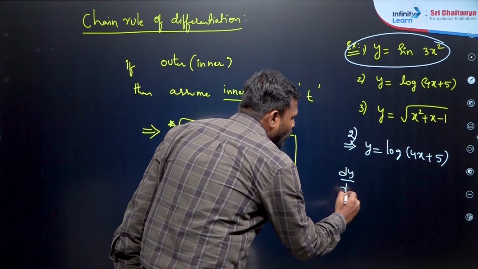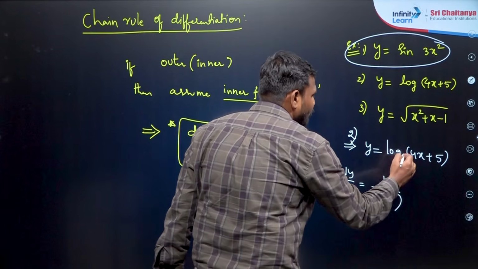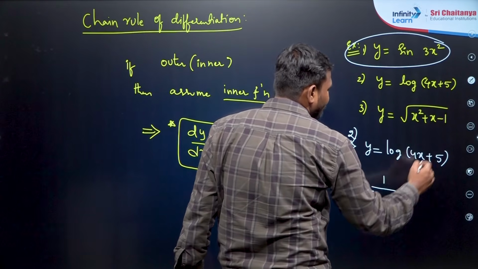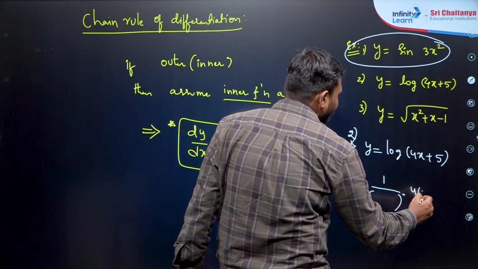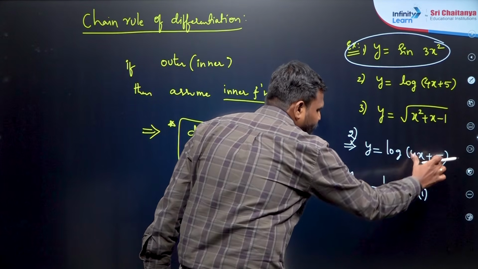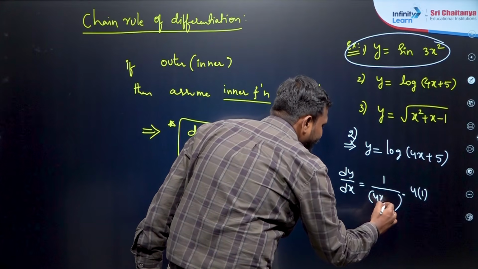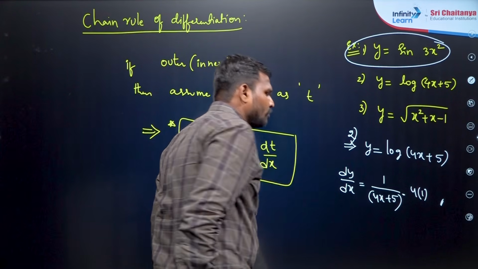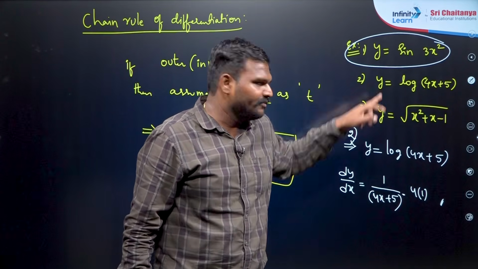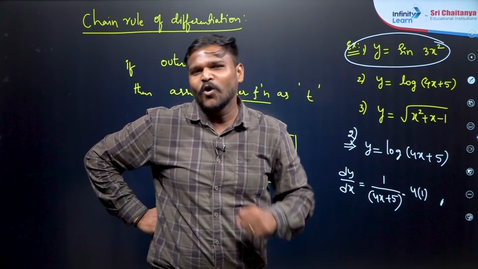So derivative of the outer function, log of something, 1 by something, log t, 1 by t, into the inner function 4x plus 5, 4 outside, derivative of x is 1, plus constant derivative 0. So 4x plus 5 derivative is 4, this is the derivative of the inner function, and log of something is 1 by something. So the answer for this question, in very simple terms, is derivative of the outer function into derivative of the inner function. Similarly, the third question you can do as homework.